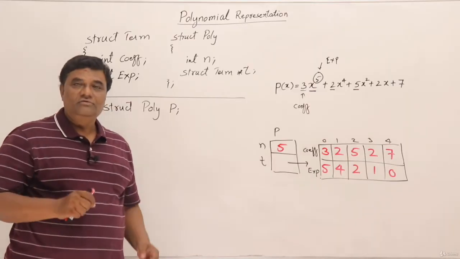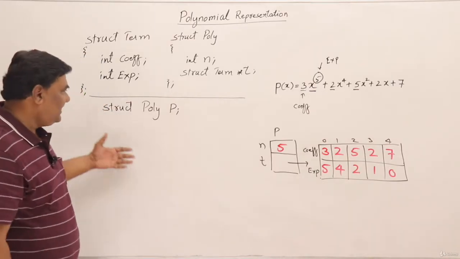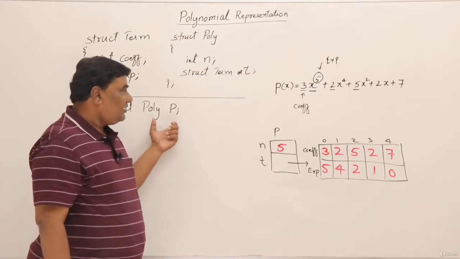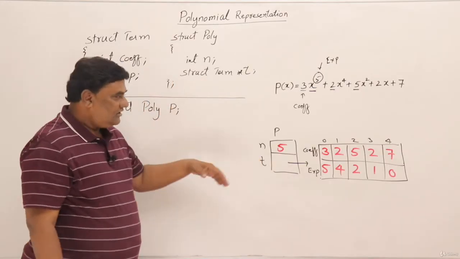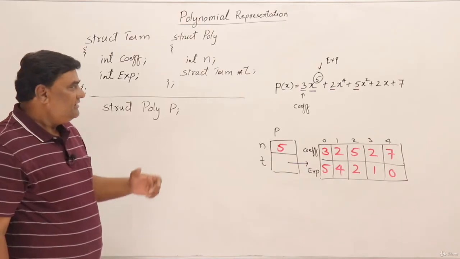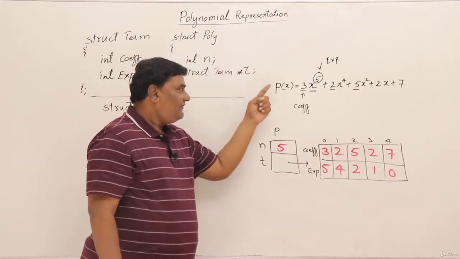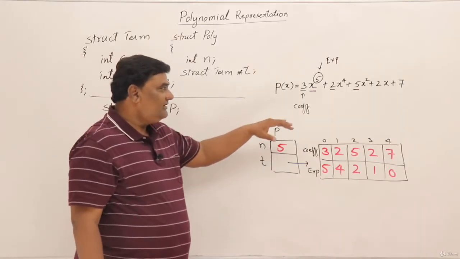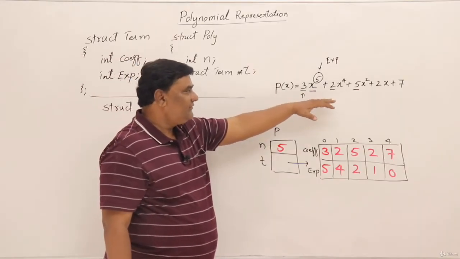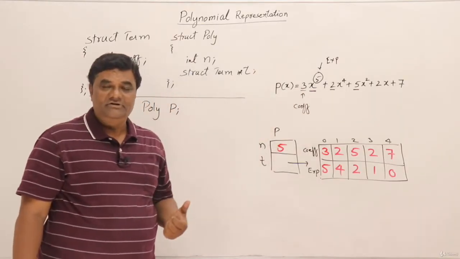Now let us see how to evaluate the polynomial. Already we have a polynomial P of this structure, and this is how it holds the data. Now how to compute it? If the value of x is known, how can we get the single value, the result of this polynomial?